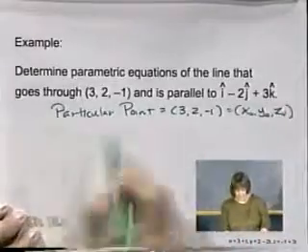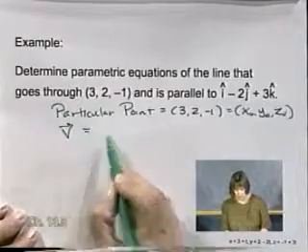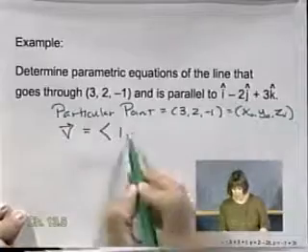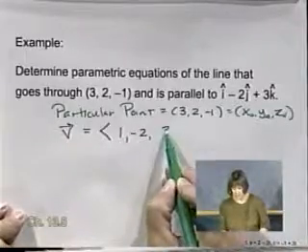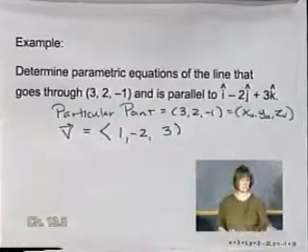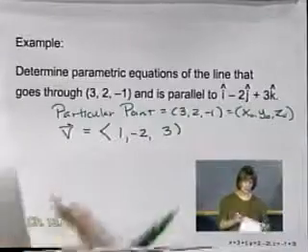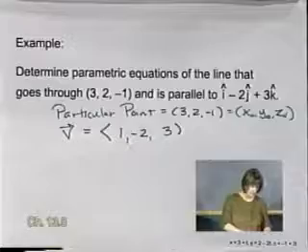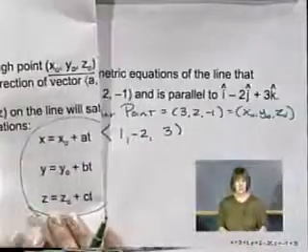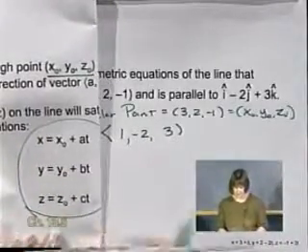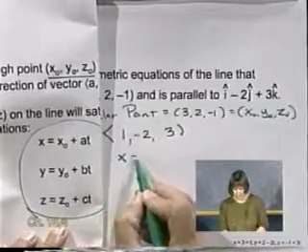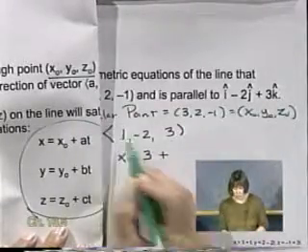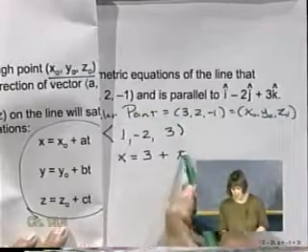Then I need a vector that's parallel to the line. And what is that vector? Its x component's 1, its y component's negative 2, and its z component is 3. Okay? And then all we have to do is plug in using the formulas that we had before. My first equation is going to be x equals, my x naught is 3, plus my a is 1 times t.